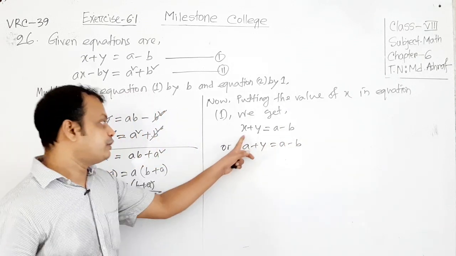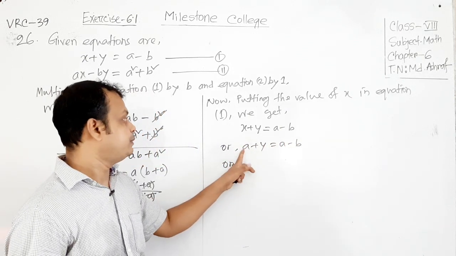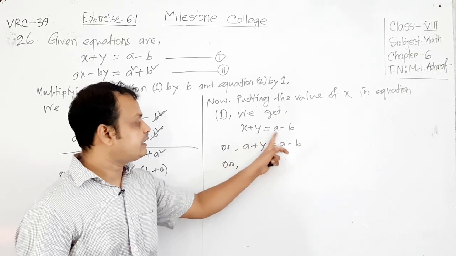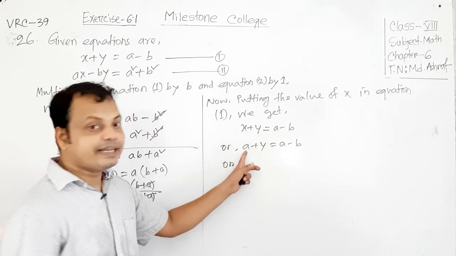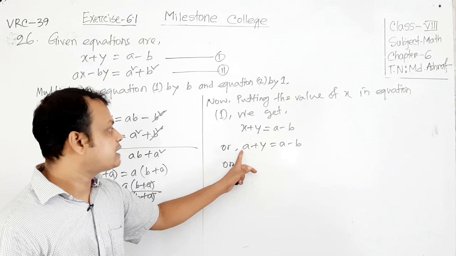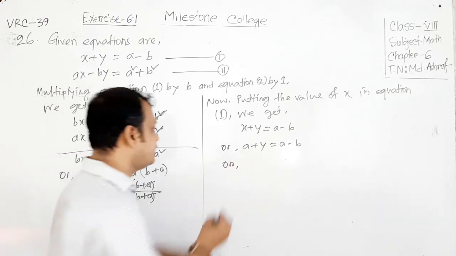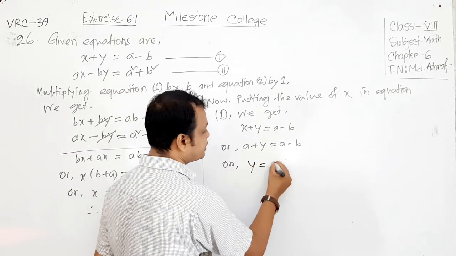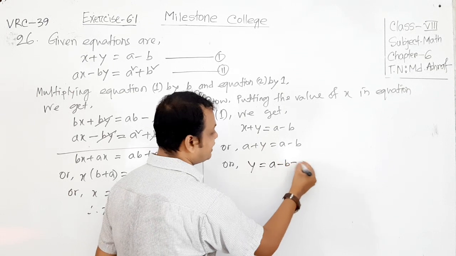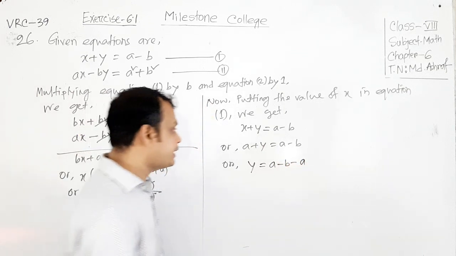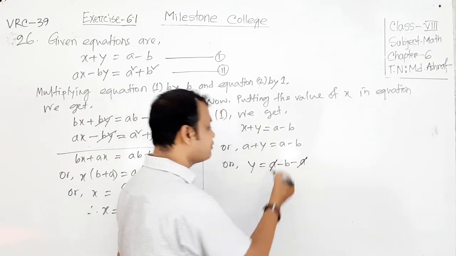Okay, so instead of x we have put a, then a plus y, and on the right side it will remain the same. Then a changes its side, so plus a becomes minus a. Then what will remain here? y equals a minus b minus a. Then minus a plus a will be eliminated.